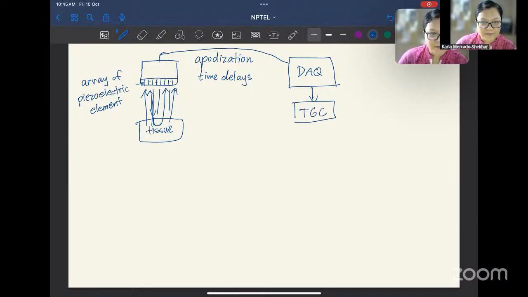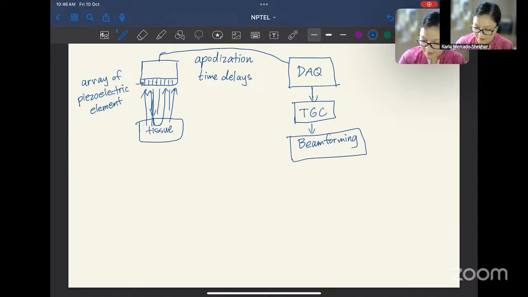Okay, I remember in one of the lectures, Professor Himanshu gave a nice schematic of all the different parts that are being incorporated in the ultrasound system in terms of the post-processing side. So you'll have some beam forming as part of it as well. Beam forming, log compression. Right.